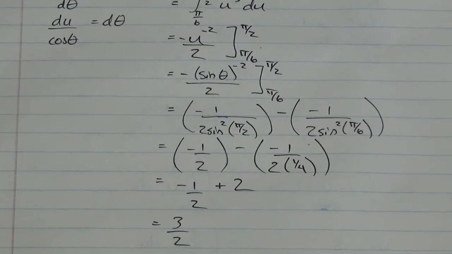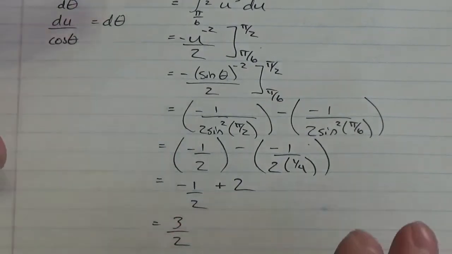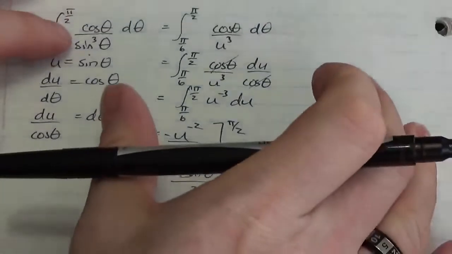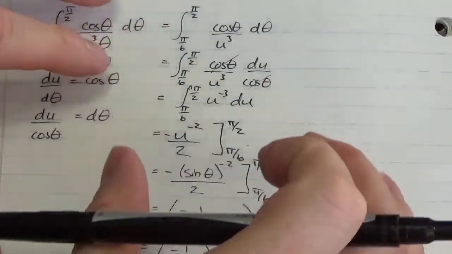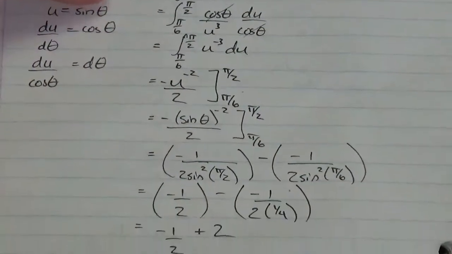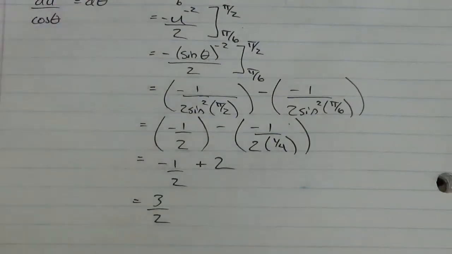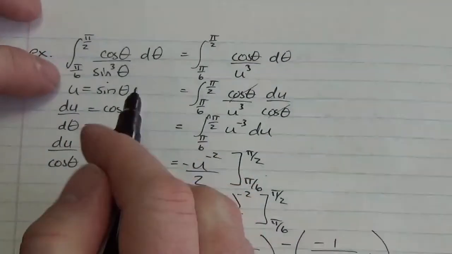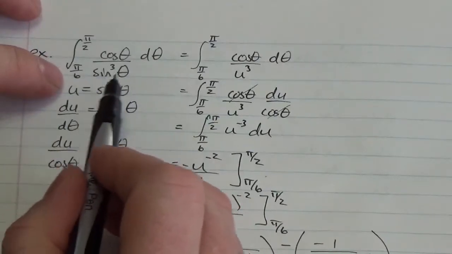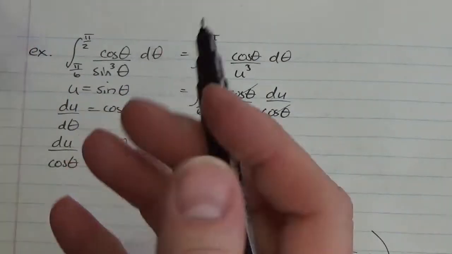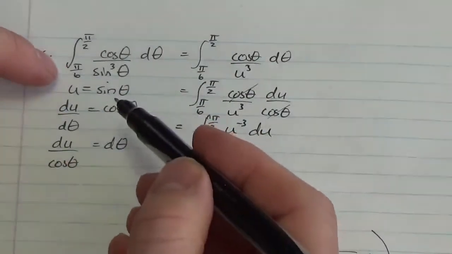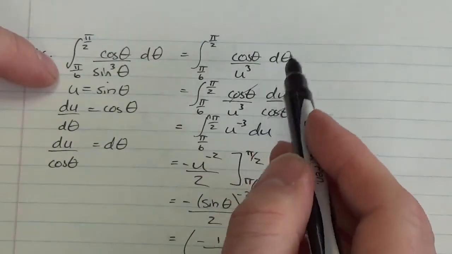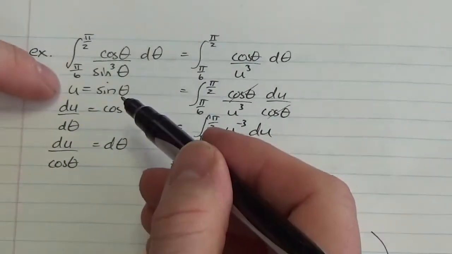It's a lot of work, but I hope you're not thrown off by the volume of work. It's pretty sequential here, and I'm taking small steps as I go through. That's why this is looking a little large. But I hope everything makes sense. So again, I look at the interior function, set u equal to what I perceive to be the interior function, make my substitution, and then I have to change the differential, get rid of the theta.